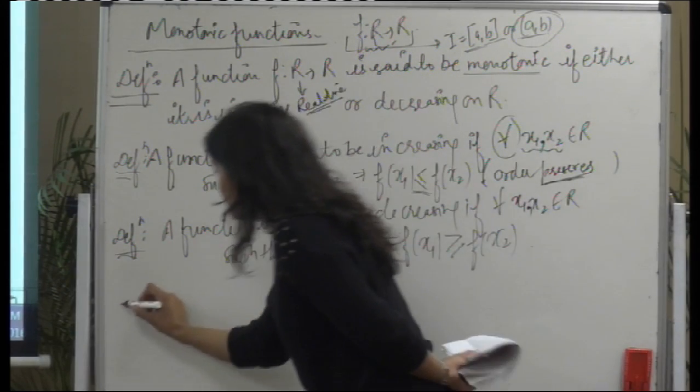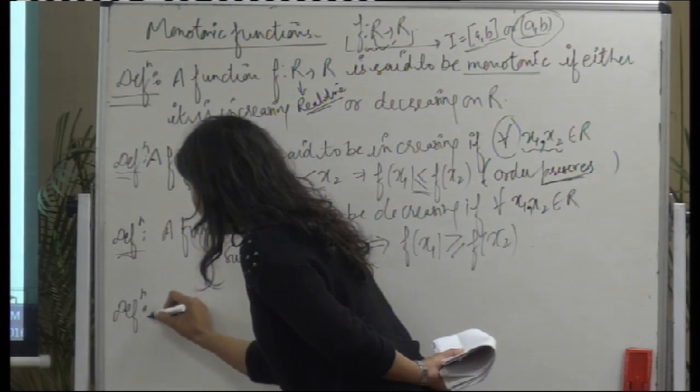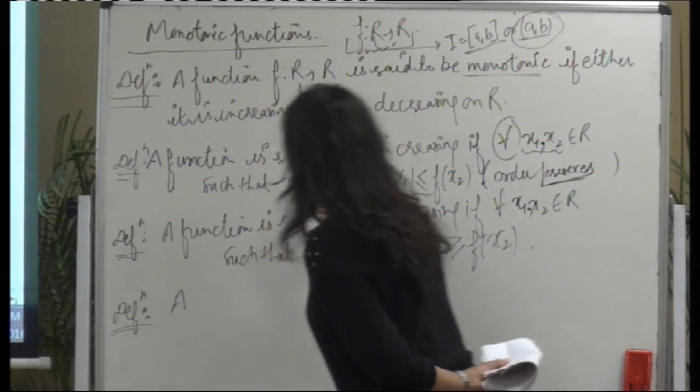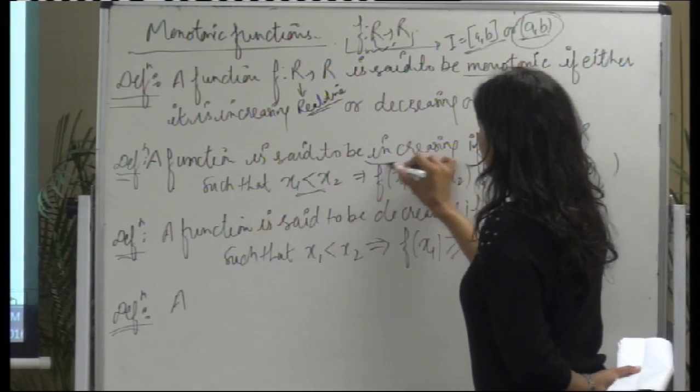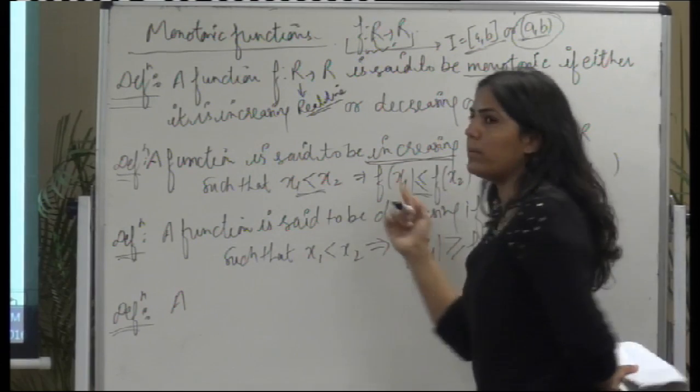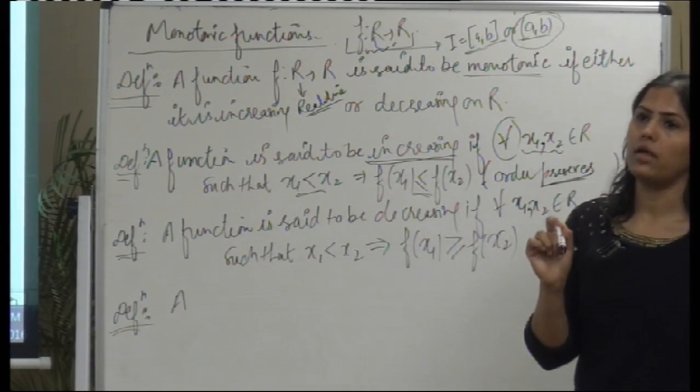Two more definitions I'll write, and then one by one I'll explain. This is basically the definition of an increasing function. Now I'm giving you the definition of strictly increasing. What is the difference?